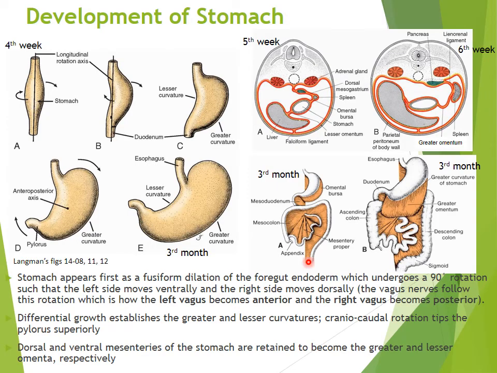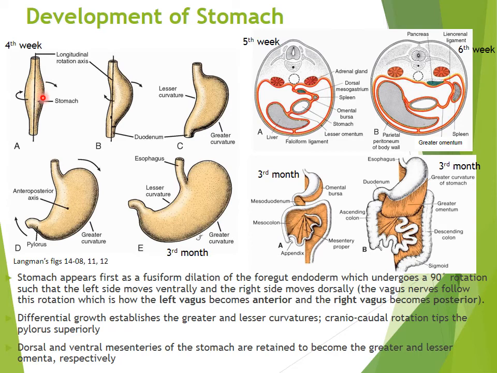Now the development of the stomach, which is part of the foregut, making the caudal part of the foregut tube. Initially at the 4th week of development, in this tubular structure of the gut, there is the appearance of a dilatation or a bulge, which indicates the area of the primordium of the stomach.